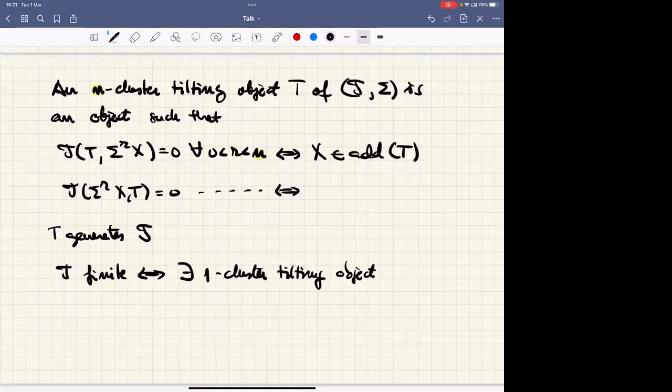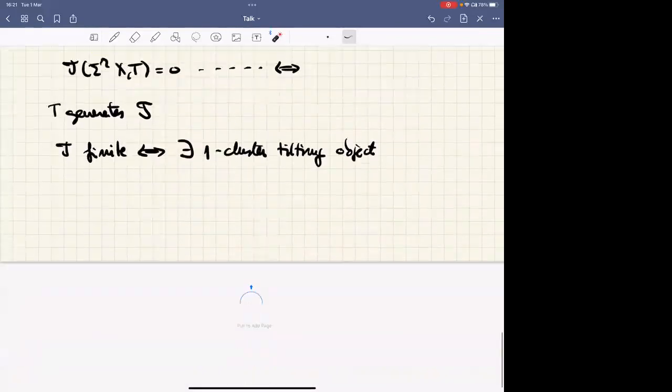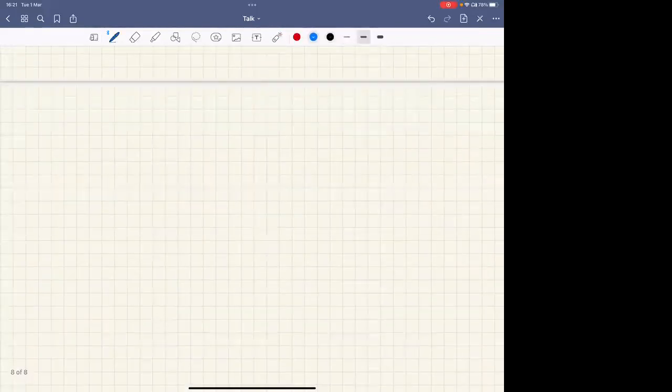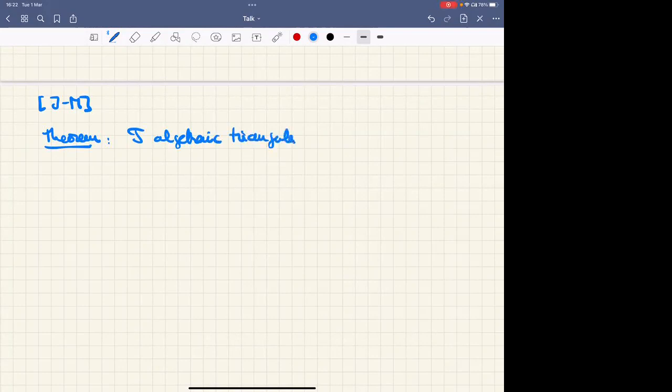So we want to generalize everything from before to the case where this can be anything, okay? And we have the following theorem together with Gustavo. So assume that T is an algebraic triangulated category with an n-cluster tilting object.